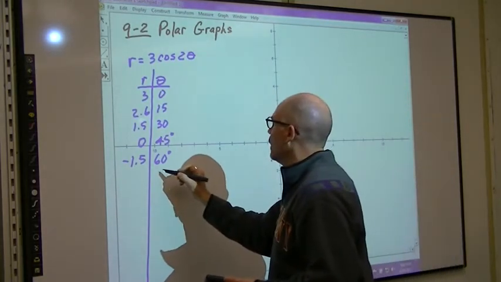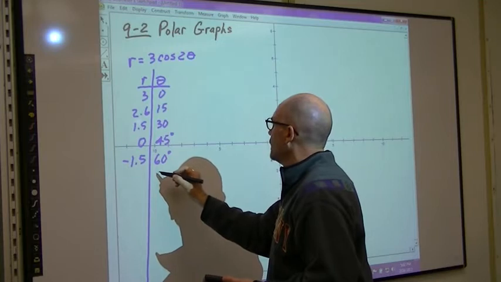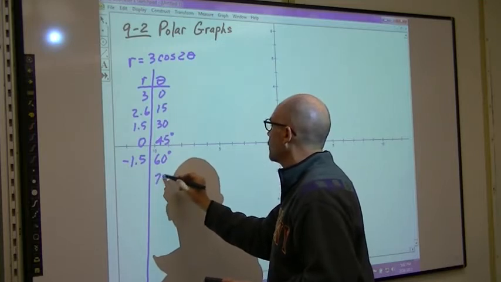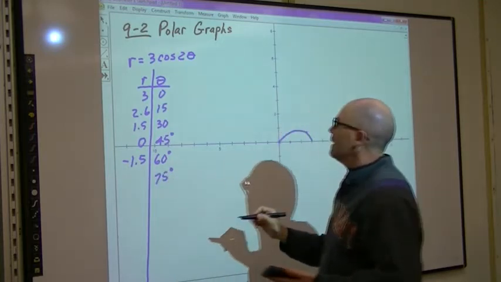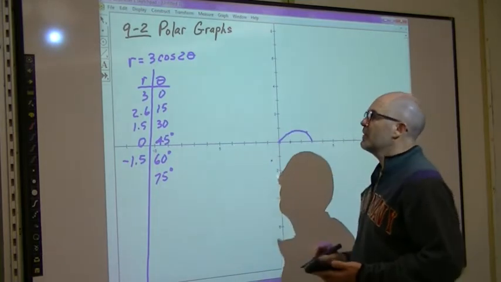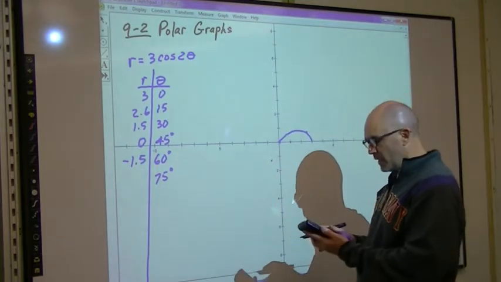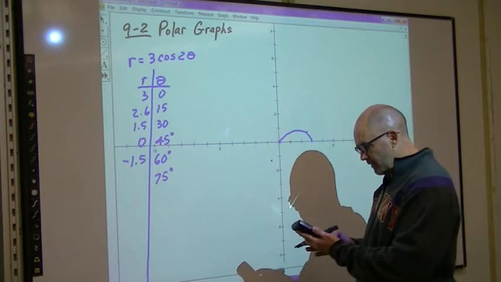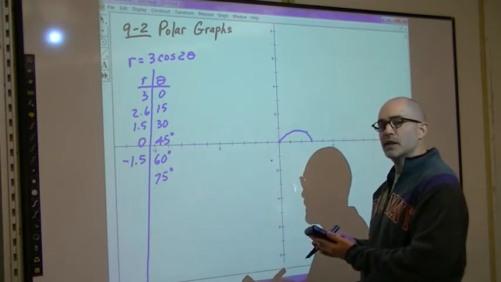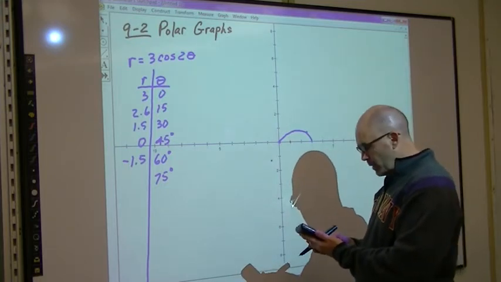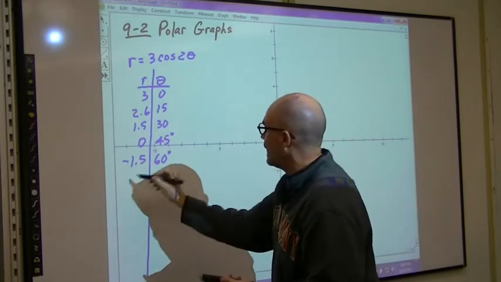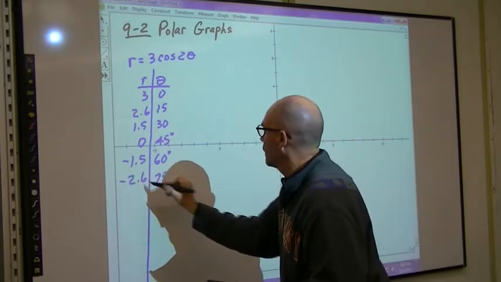Okay, so now let's go 75 degrees, and 2 times 75 is 150. Cosine of 150 is negative square root of 3 over 2, I guarantee it. Now we multiply that by 3, and we get negative 2.6.